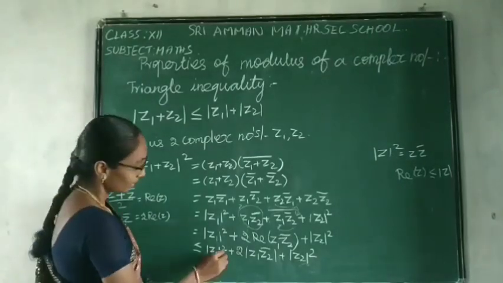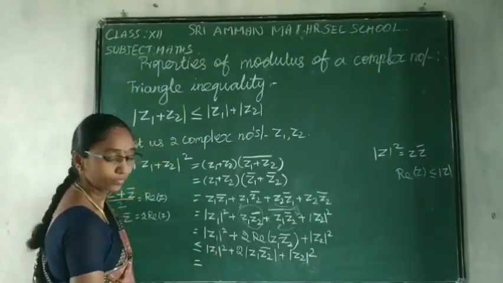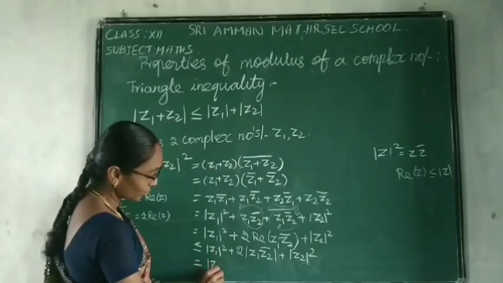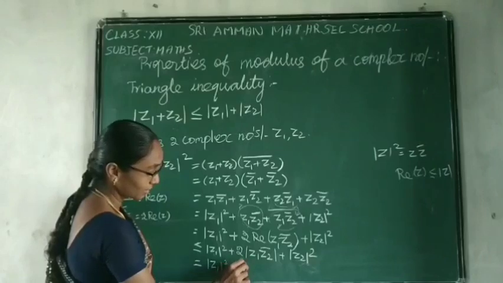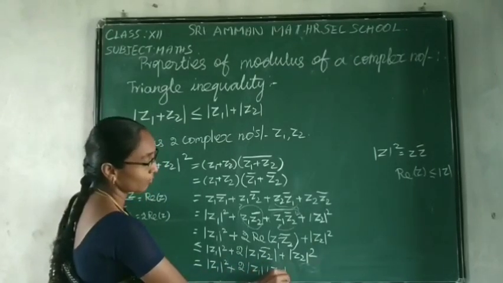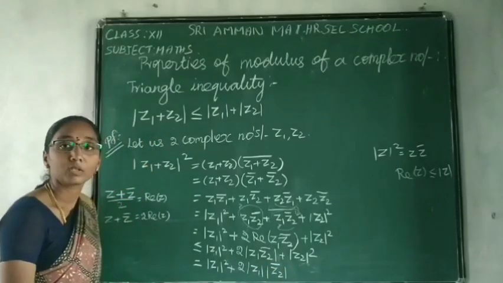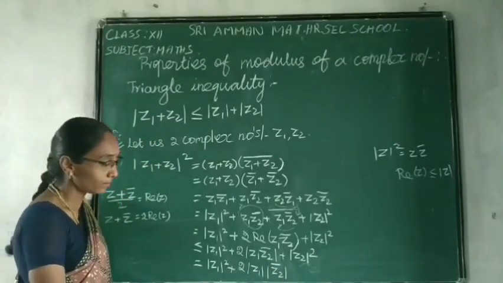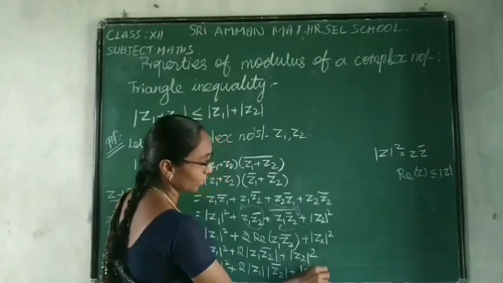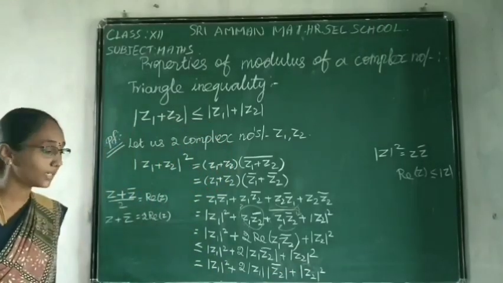This one is equal to modulus of z1 square plus 2 modulus of z1 into modulus of z2 bar plus modulus of z2 square. Do you understand this place?